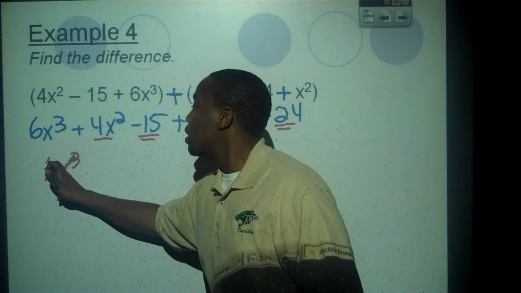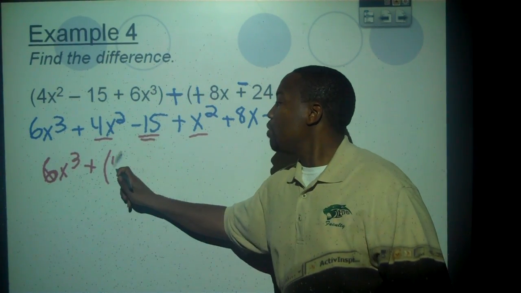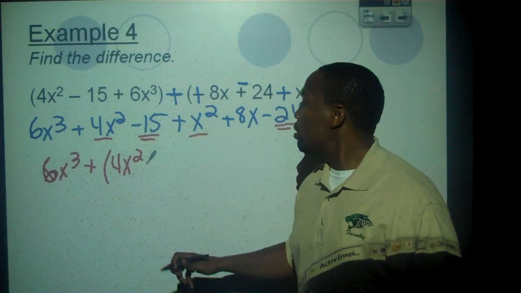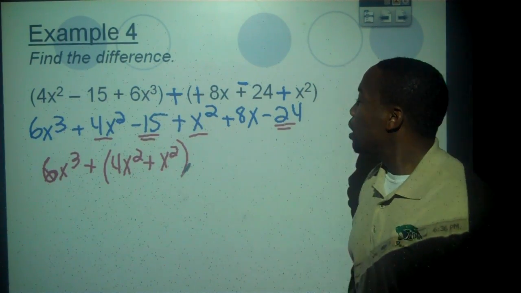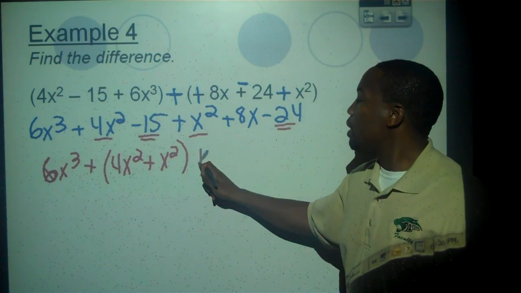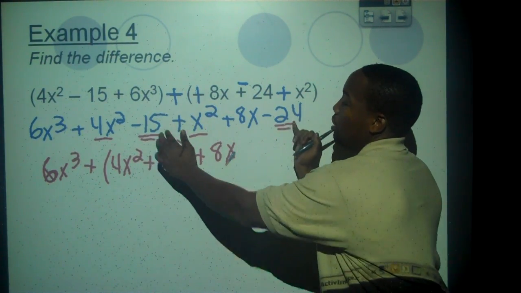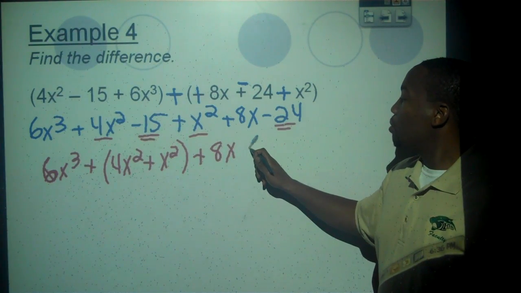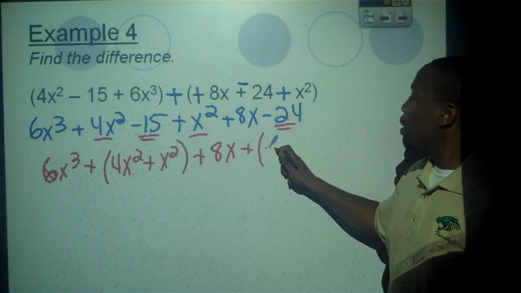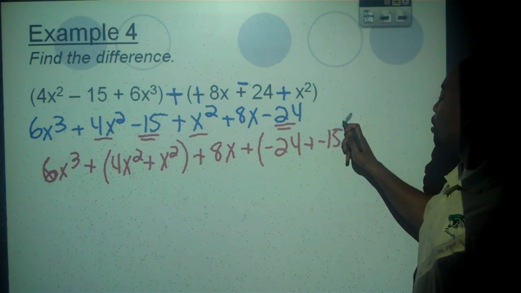6x to the third. That's an ugly 6. And then I'm going to add these two together: 4x squared plus x squared, and then I'm bringing my 8x down because that's all I have next. Then I'm going to do this one next, which would be negative 24 plus negative 15.